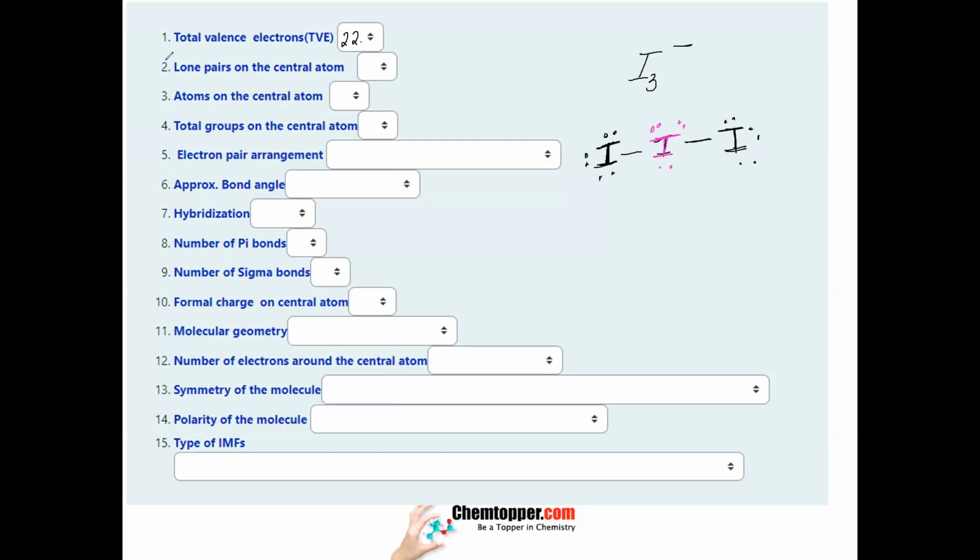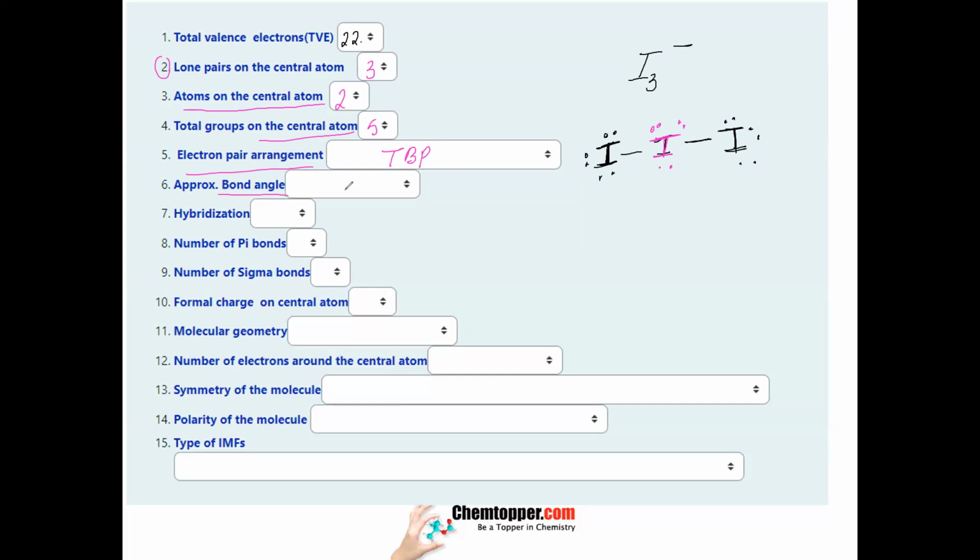Now, question number 2, 3 lone pairs. Atoms on the central atom? 2. Total groups on the central atom? 5. Electron pair arrangement? Trigonal bipyramidal.